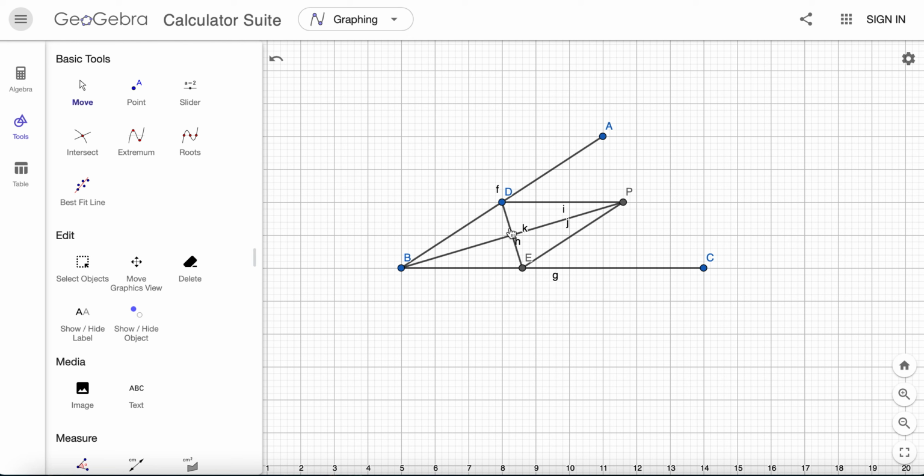So one of the conclusions is that this segment from D to this point here is congruent to this segment here. And we can prove similarly that the other diagonal, BP, is cut in half by the other diagonal.